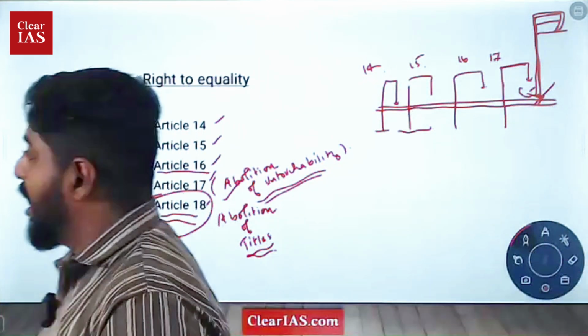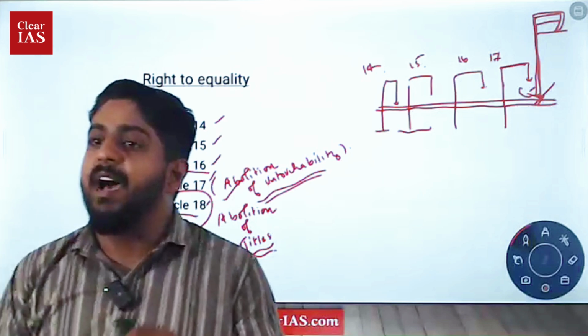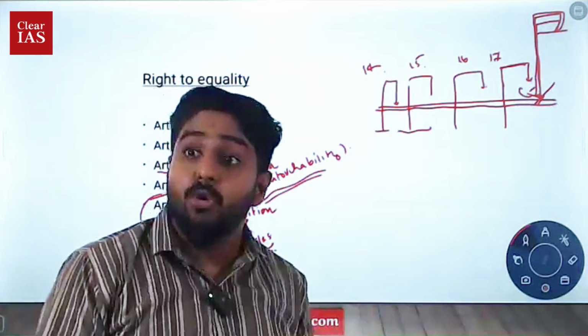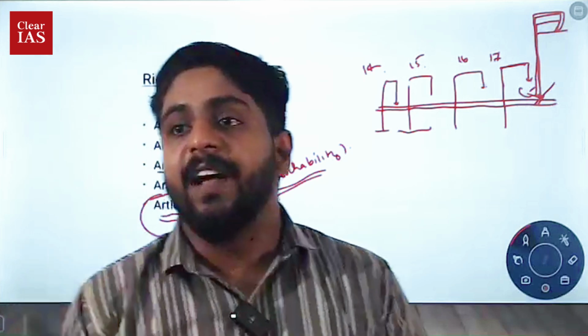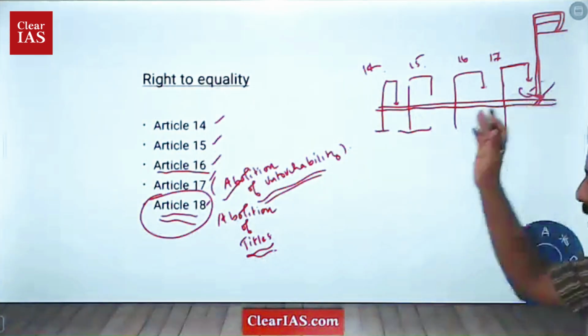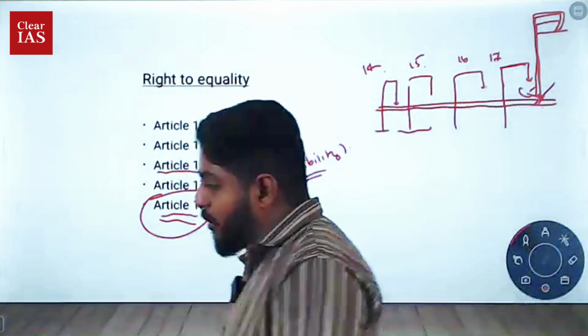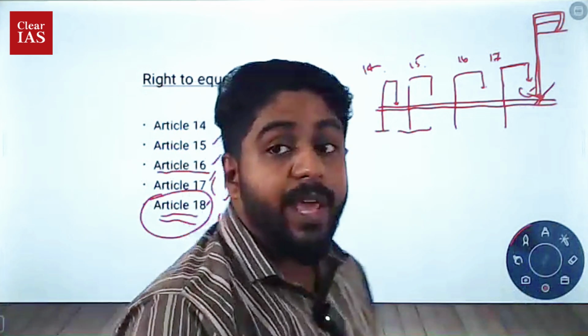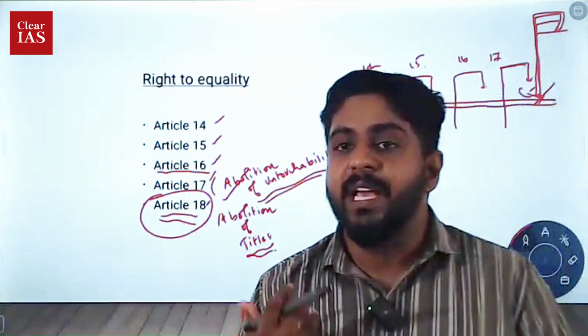You do not have such titles, or you are not supposed to use such titles in Indian society further. So give away such titles. We are abolishing such titles. Come down, be an ordinary citizen of India. So this is how equality is being achieved.